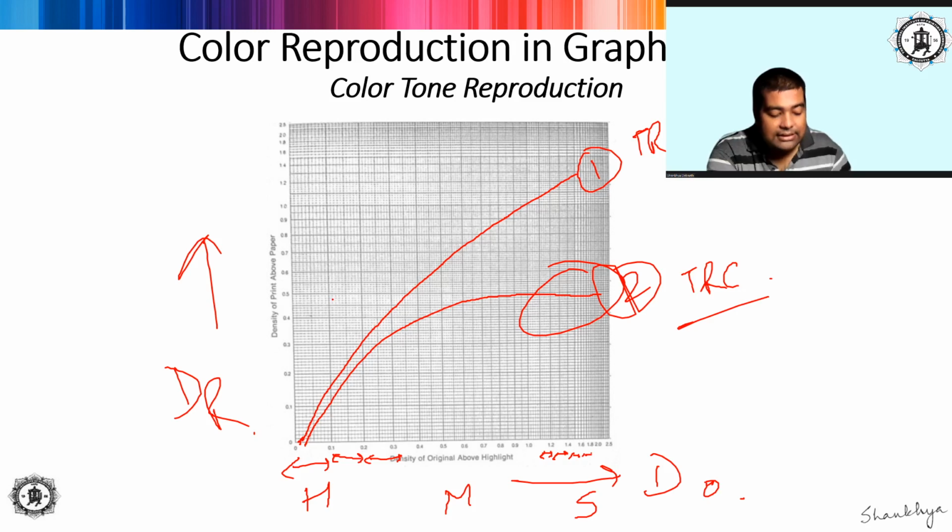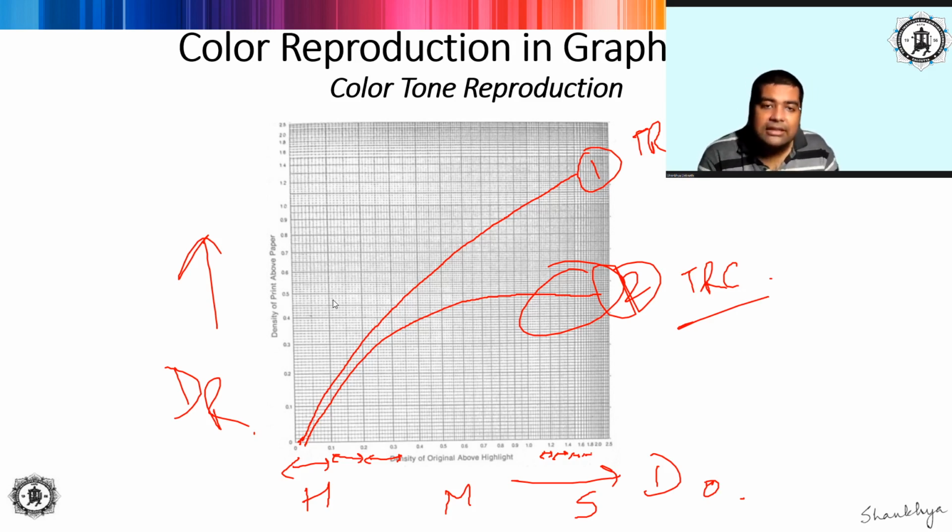This is a very good representation of how we perceive tones, because we can perceive even very small changes in densities in the highlight area than we can perceive in the shadow area, and that is exactly what is happening over here.